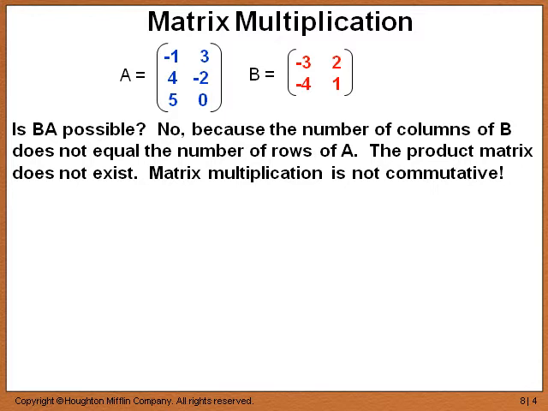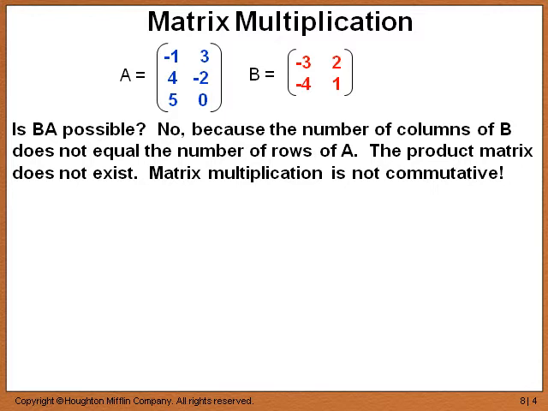And in BA, B is on the left, A is on the right. So we have to treat them that way. Well, if B is now acting as my left-hand matrix and A is now acting as my right-hand matrix, then I need to look at the columns of B and the rows of A. And as it happens, the columns of B, 2 in this case, and the rows of A, 3 in this case, do not match. And therefore, this product matrix of BA is impossible.